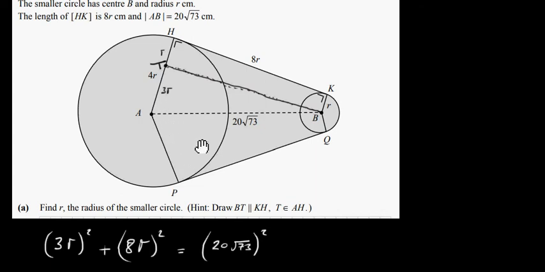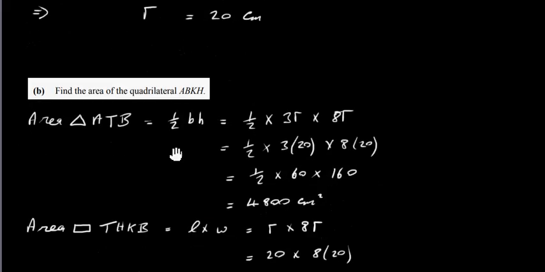So that's the plan. I'm going to do tan of HAB, which is 8r over 3r, and then tan inverse of 8r over 3r to give me the angle TAB. So let's work through that.